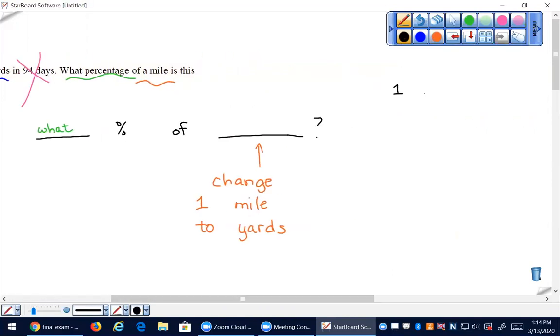So 1 mile is 5,280 feet. How do I go from feet to yards? I'll divide by 3.